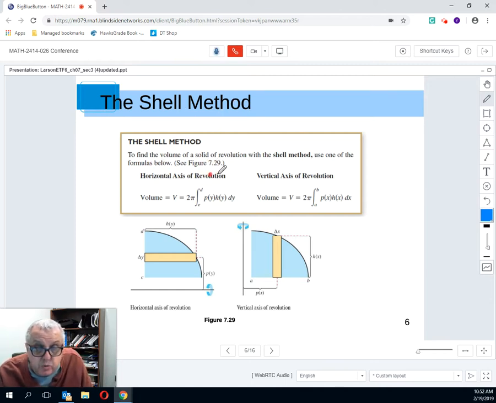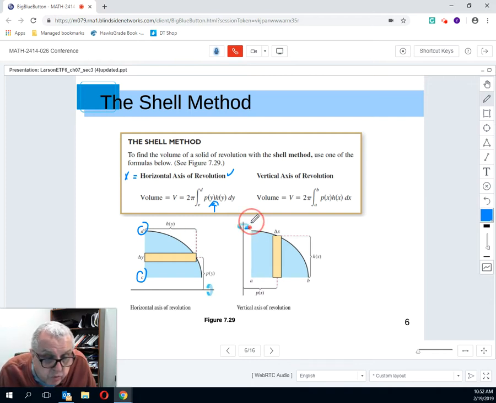If we rotate this around the horizontal axis, the x-axis, do you see our variable will be y? Since the variable is y, we're looking at the y to integrate.